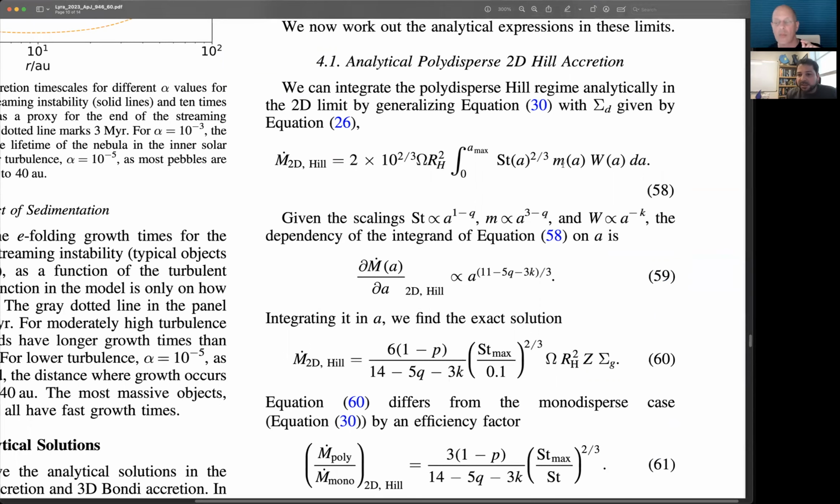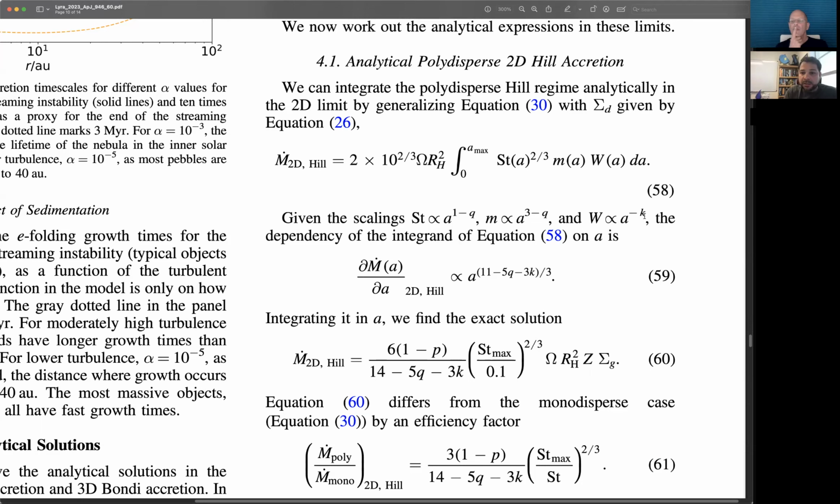It's just a non-dimensionalization of the friction time. It's essentially measuring how important the drag is. M is the mass of the pebble, a is the radius of the pebble, and W here is the distribution of pebble sizes. And then we solve it analytically. I defined this quantity double earlier in the article.